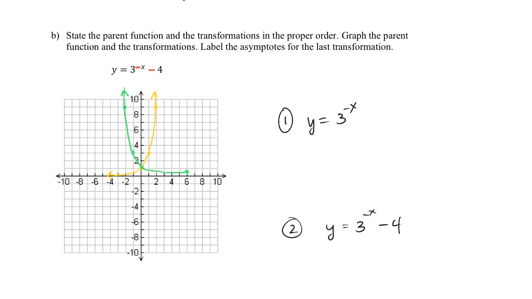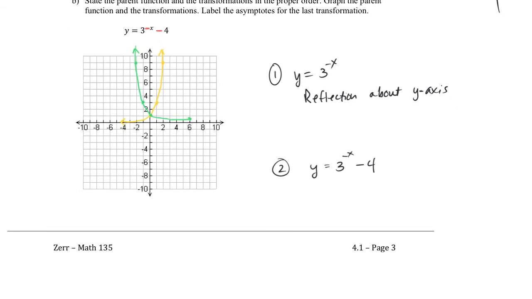Okay, so our first one is a reflection about the y-axis. And then the next one is going to slide down four units.